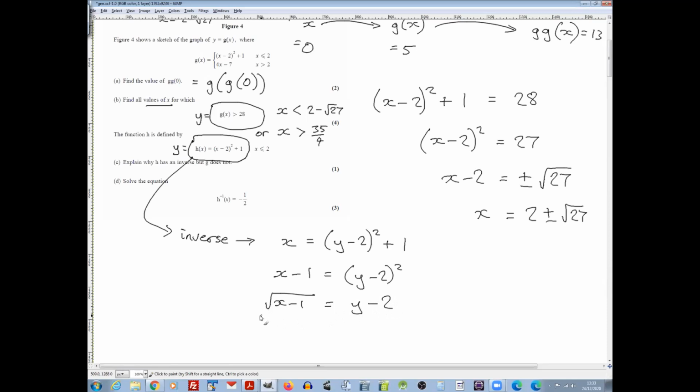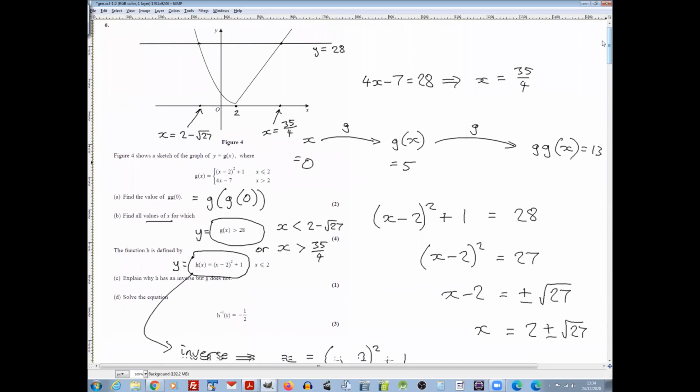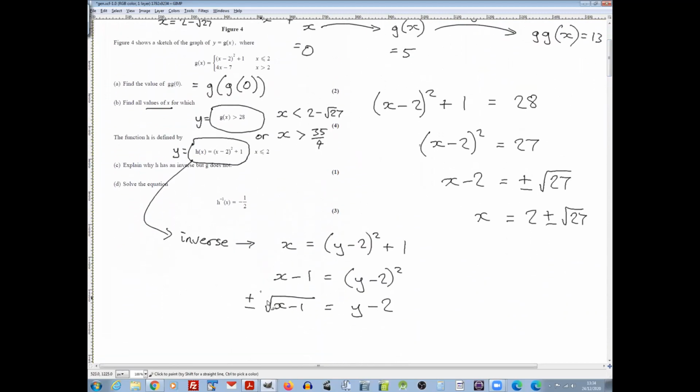Now, when you square root both sides, on one side you should put a plus or minus, shouldn't you? I'm not sure whether we need to now. I think we'll just take the positive version, won't we? But let's see if I'm wrong in a minute.